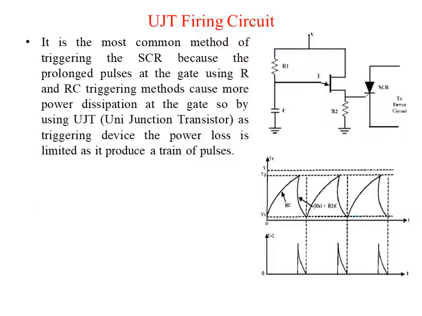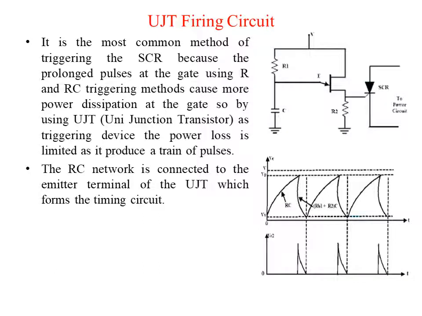So the shortcoming of resistance and resistance capacitor firing circuits is that, due to the passive elements, there is a lot of power loss, that is, power is being dissipated, which can be overcome using UJT as a triggering device.